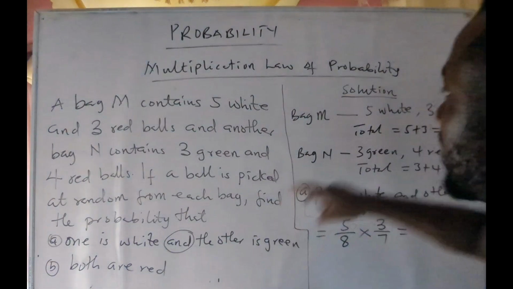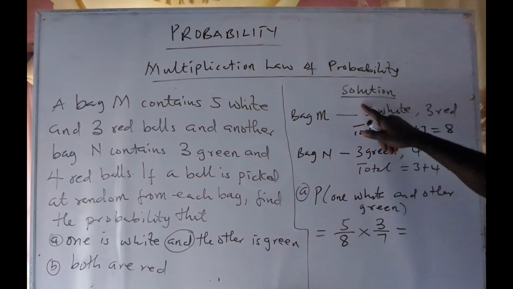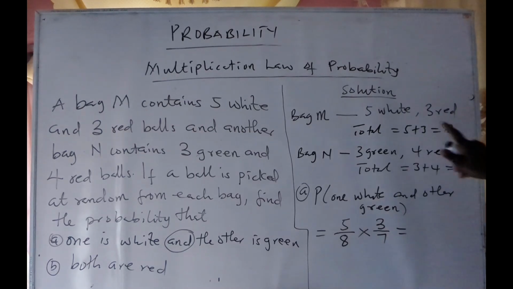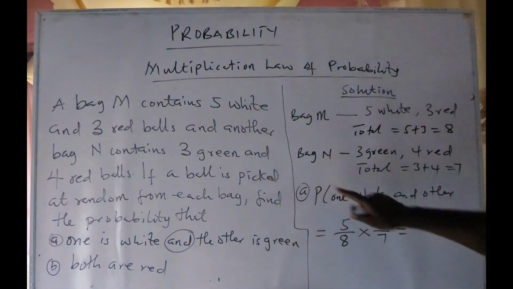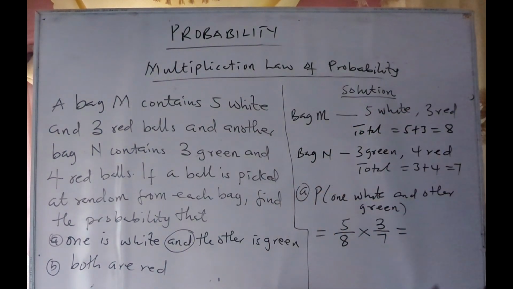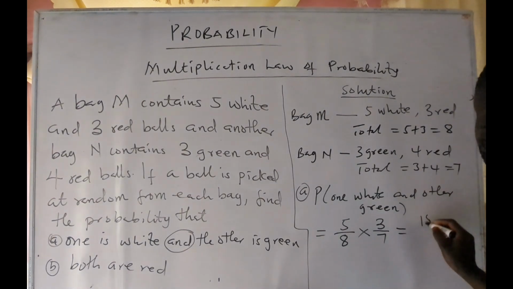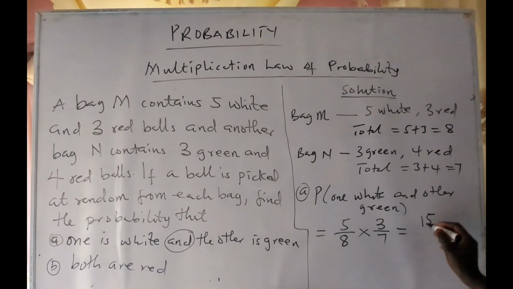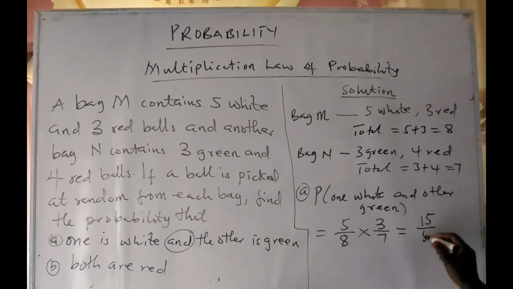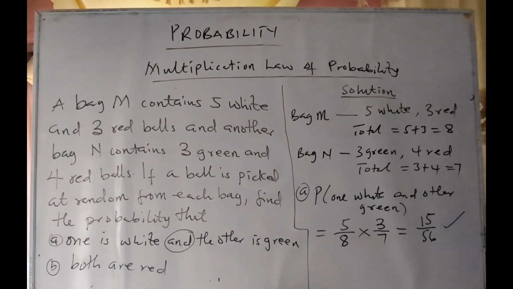So the probability of a white in bag M is 5/8, and a green in bag N is 3 out of 7. So you multiply: 5 on 8 by 3 on 7, and that will give us 15 on 56. So that will become the probability, 15 on 56.